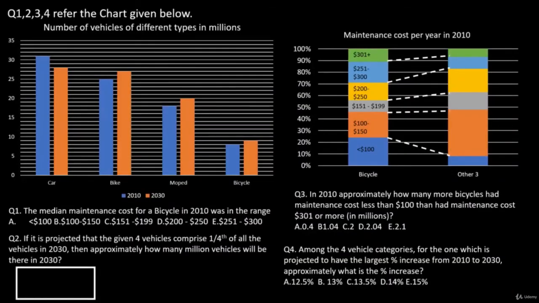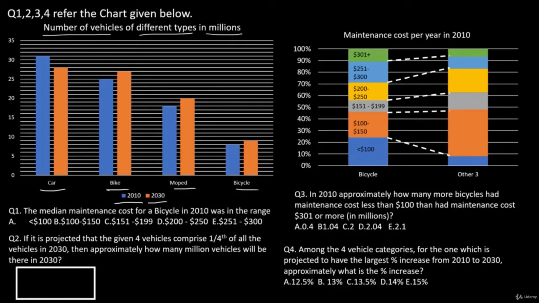Let's do this question. We have questions 1 to 4 and we have to refer to the charts given below. Now over here we have a simple bar graph, and it gives the number of vehicles of different types in millions. So we have cars, bikes, mopeds and bicycles, and the blue bars are for 2010 and the orange bars are for 2030.